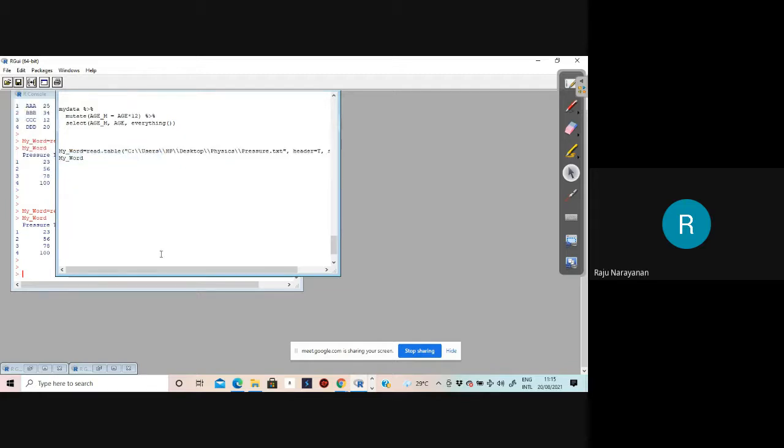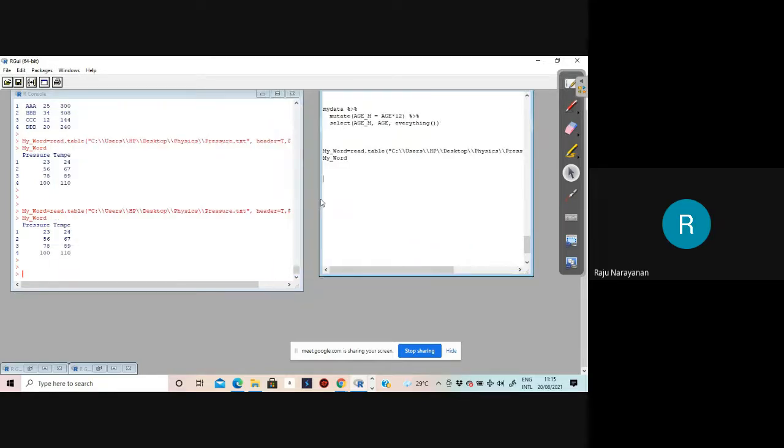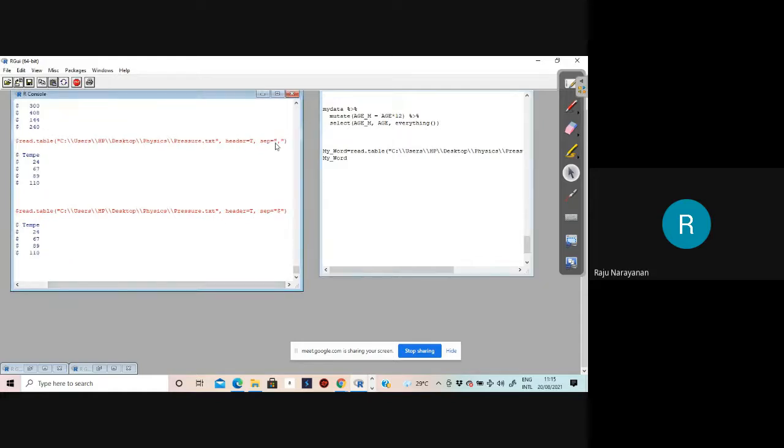Here separator is dollar. Here separator is comma. Is it clear? Yes, you can do this in Notepad also. No problem.